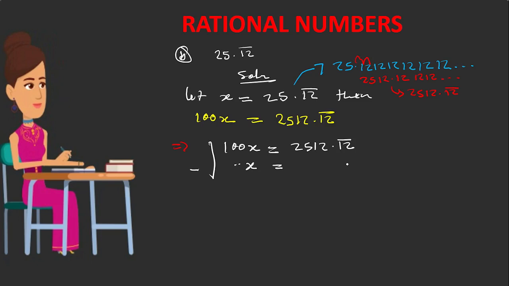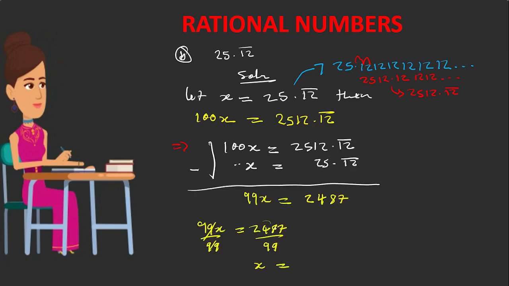2487. So after you reach that particular point, you can have 99x is simply equal to 2487. Then you say over 99. This one and that one goes, so you have x is equal to, there is a number which can go into this one and that one, which is a 3.